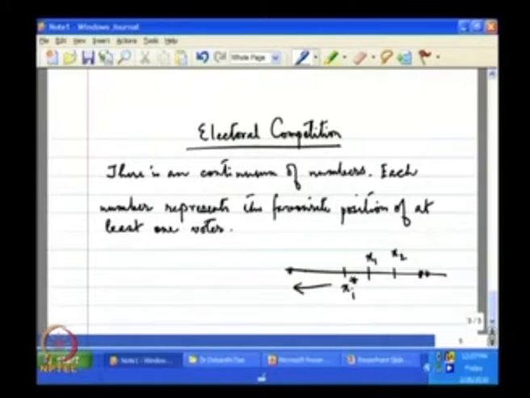So, the distance between his favorite position and any arbitrary position represents his dislike for that arbitrary position. So, I can write it like this: suppose ui of x represents how I like the position x. Let us not write xi, suppose x1, otherwise it will be confusing with i.